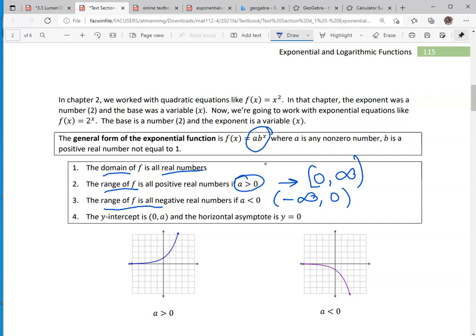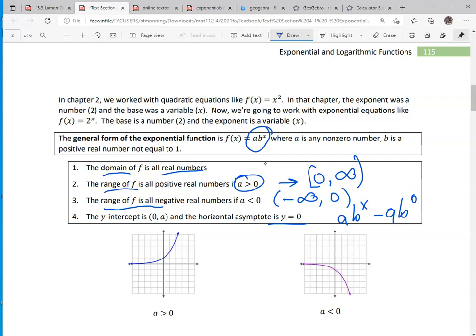The y-intercept is (0, a). How do I know that? Well, when x is 0, b to the x is 1. Therefore, I'm going to get the y. So let's just do that. a times b to the x, when x is 0, a times b to the 0, what's my y-intercept?